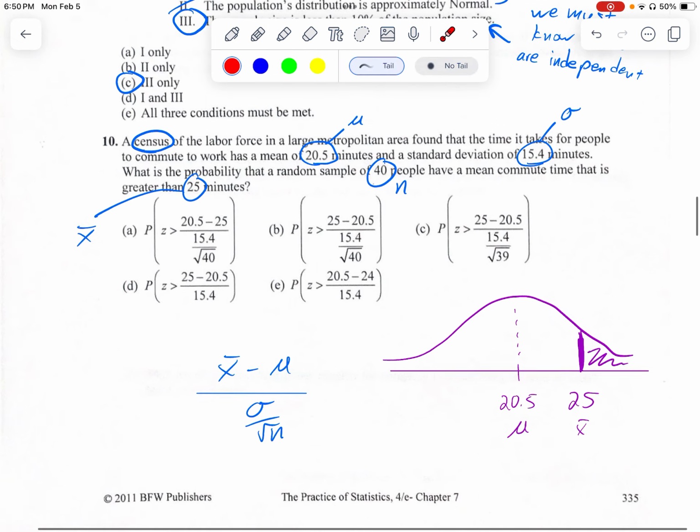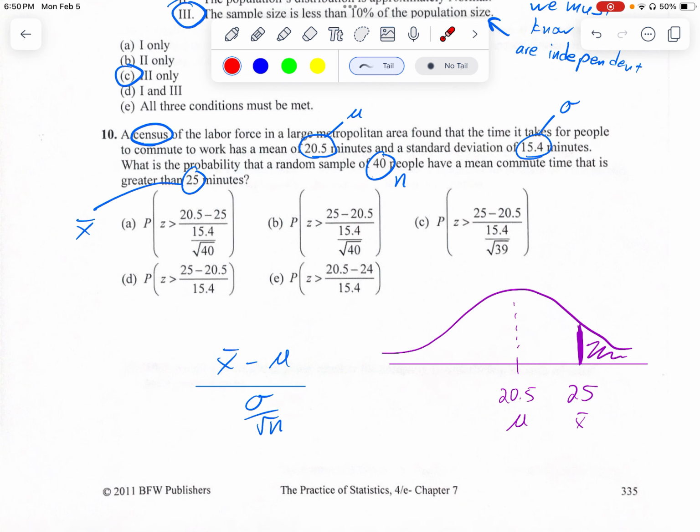And you're not even doing the work, you're just picking the right formula. So even drawing this picture, I think, should help you because you're going to get rid of this one because it's subtracting the wrong way, right? It's 20.5 minus 25. So is that one. They're both subtracting the wrong way. You always take the value minus the center. So this would have a positive z-score.